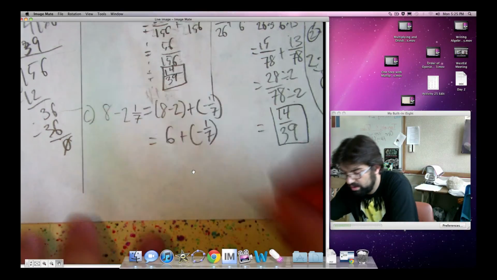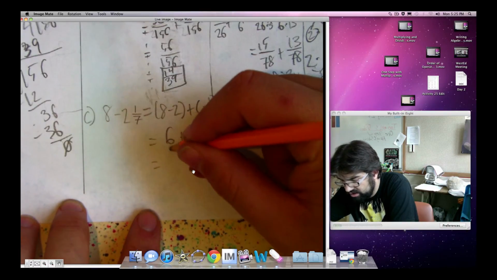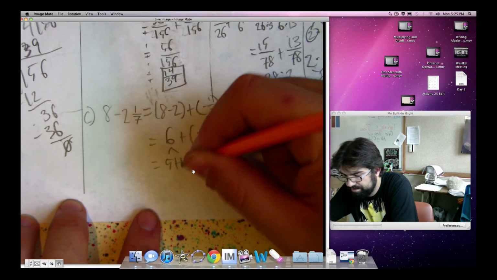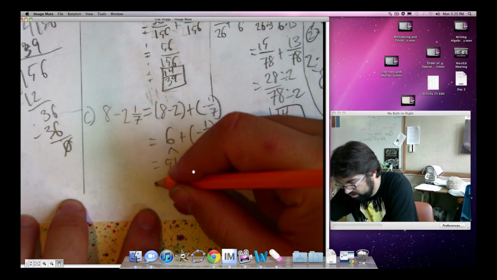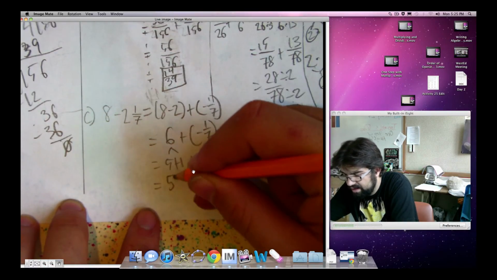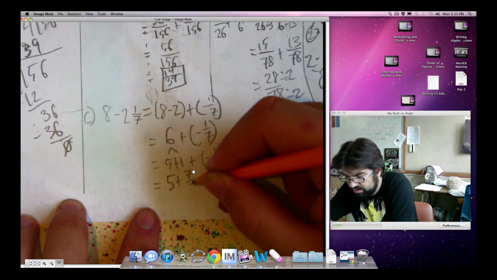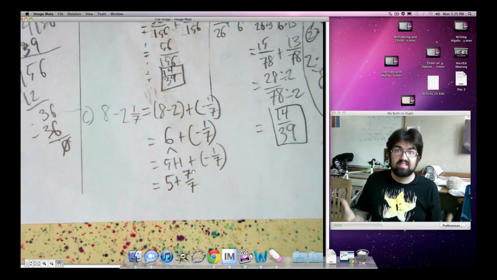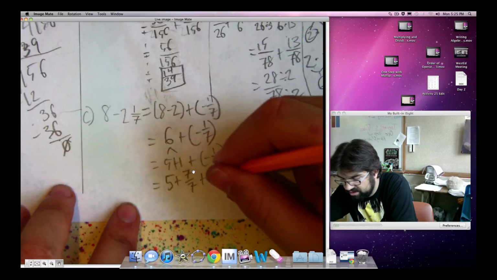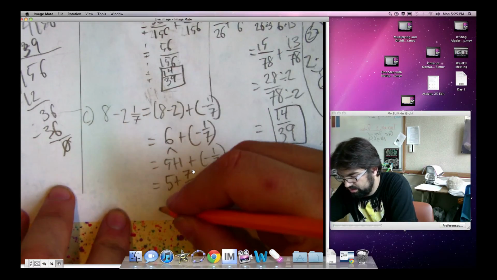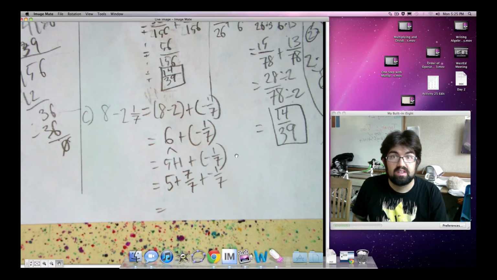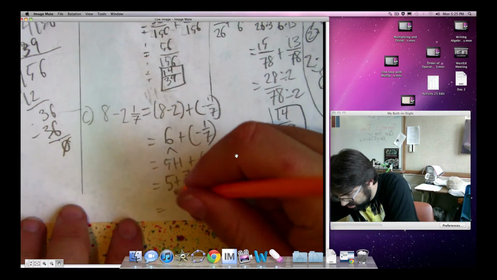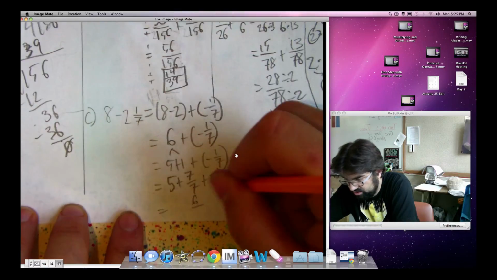I would take one whole number, take this apart and call it 5 plus 1 plus negative 1/7. And then I have 5 plus 7 over 7, because I have to have equal pieces to take stuff away, plus negative 1 over 7, because I'm running out of space. 7 plus negative 1 is 6 over 7.